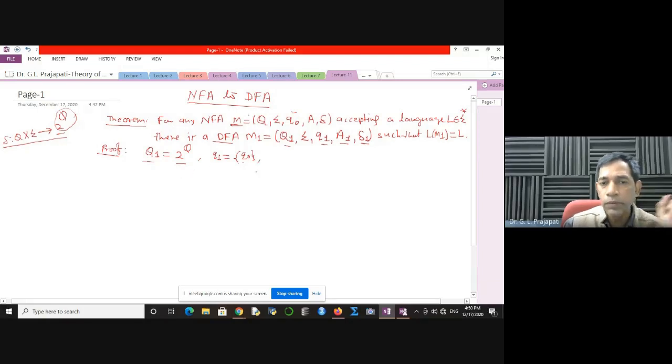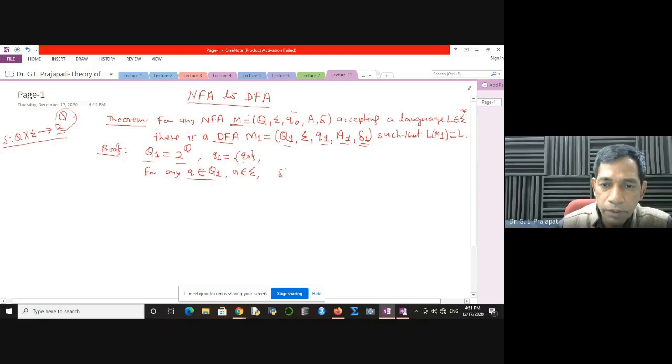Now we need to define the transition function, which is important in the case of a DFA. How can you define it? For any q belonging to Q1, where Q1 is the set of states in the DFA, and a an input symbol, we can define the transition.